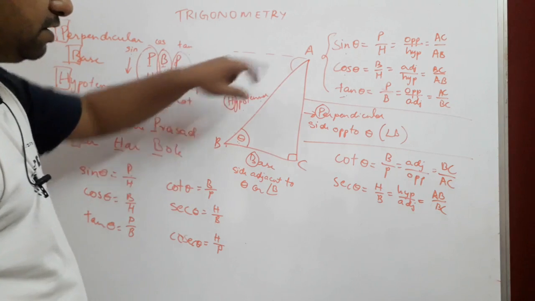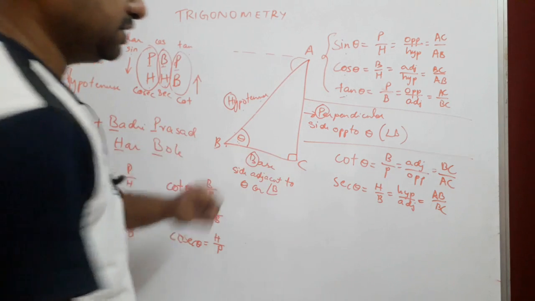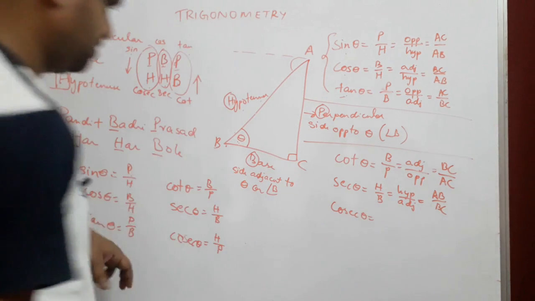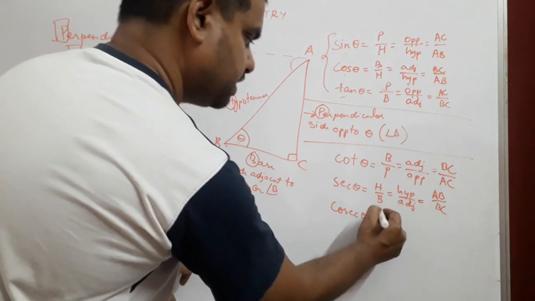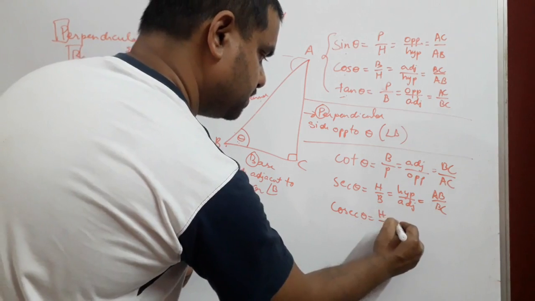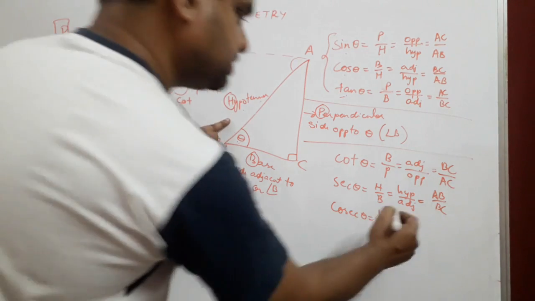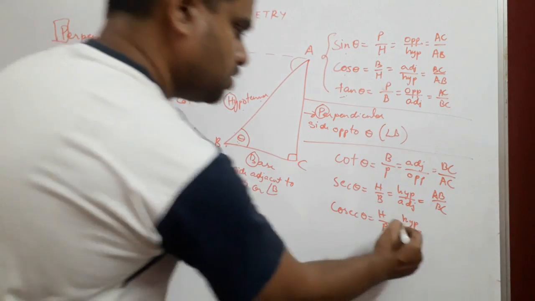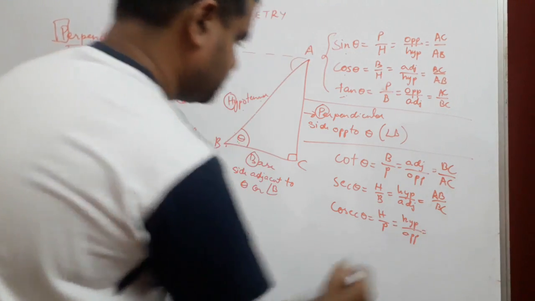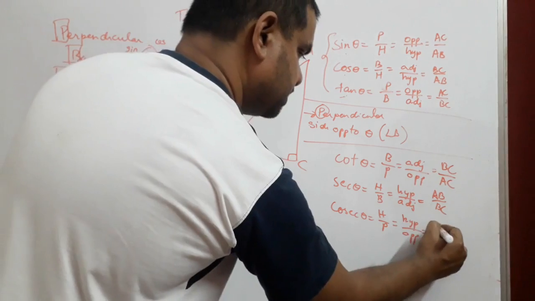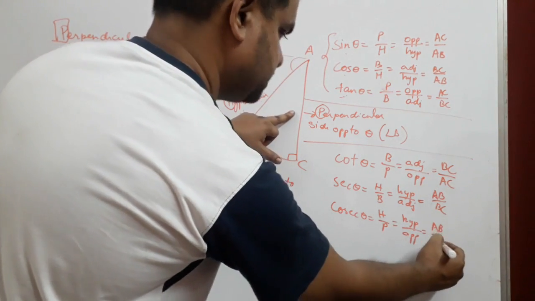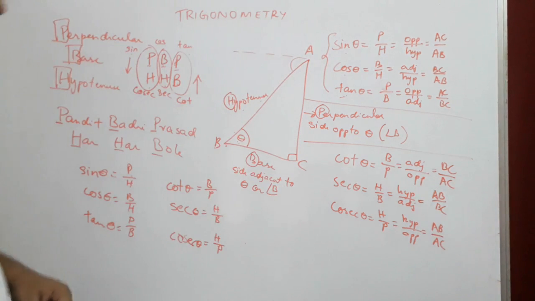Hypotenuse AB upon adjacent BC. And you have cosec theta, which is H upon P, which you can write as hypotenuse upon opposite, and hypotenuse is AB and perpendicular or opposite is AC, right?